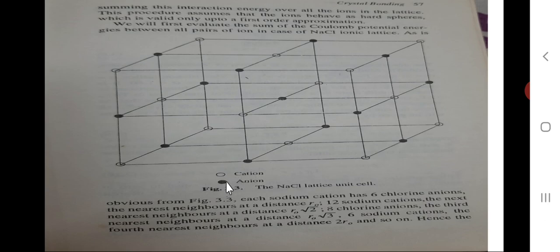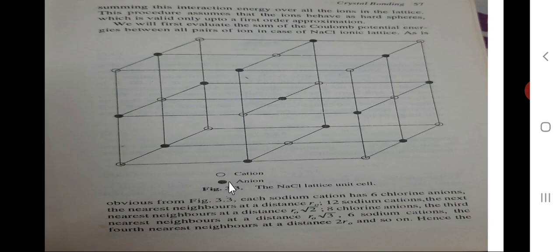Now this is cations and this is anions. As is obvious from figure 3.3, each sodium cation has 6 chlorine ions as the nearest neighbors at a distance R0.